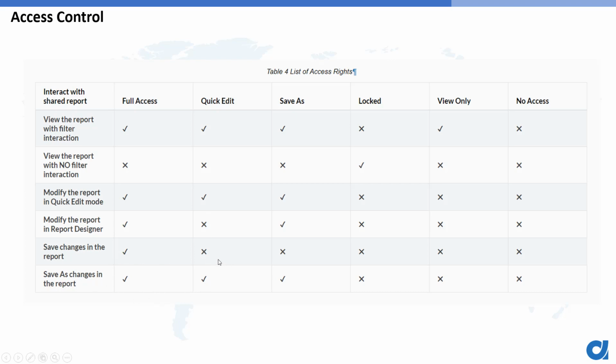He cannot save it on top of the same report. If you have a save as permission, you can view the report, modify the report in the full designer mode as well as quick edit mode, and you can save as. In the logged mode, all you can do is view the report with no filter interactions. In the view only mode, you can just view the report with filter interaction, and with no access, you have no access to this report.